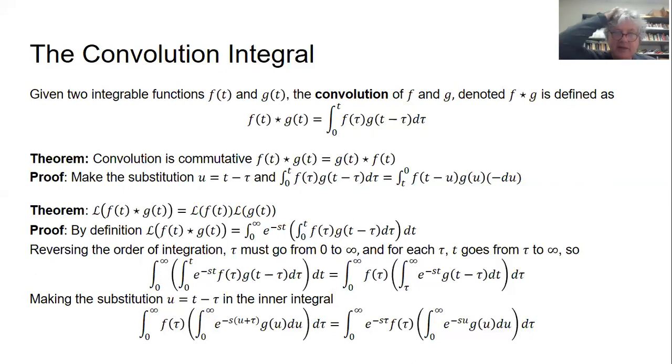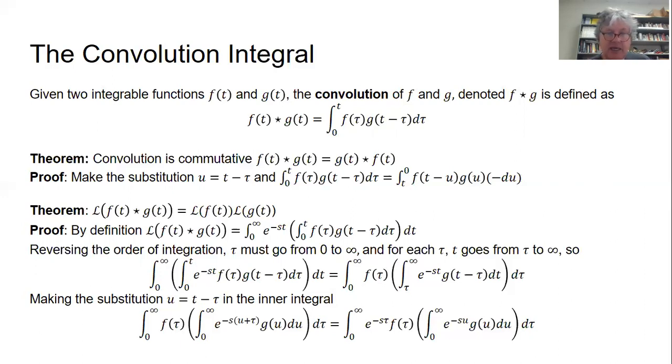So we can write that. We can reverse the order of integration, and when we do that, of course, the t integral is the one that's inside, so we can take out f of tau because that's a constant with respect to t. And then on the inside integral, you make the substitution u equals t minus tau. You go ahead and do that, and e to the minus st becomes e to the minus s times u plus tau.